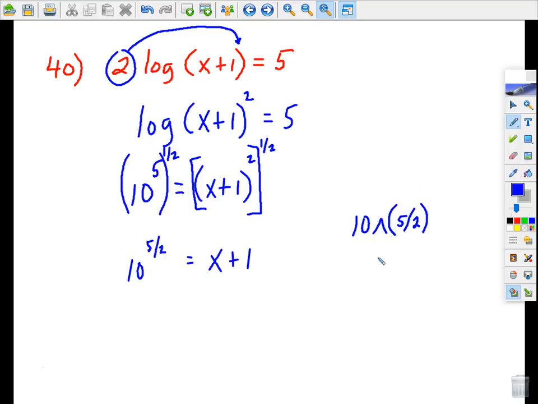Okay? If you don't use parentheses there, it's going to really throw off your answer. So hit the raised to, left parentheses, 5 divided by 2, close parentheses, and you should get 316.227766. And I'll write that out for you so you can see it. And if you didn't get that, check your parentheses around your fraction.